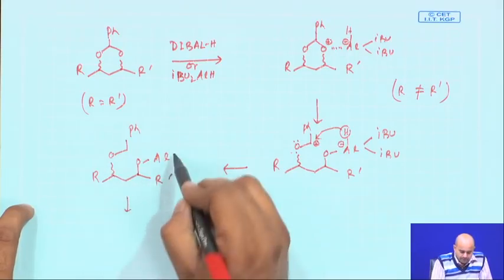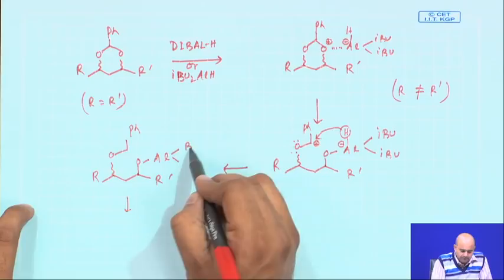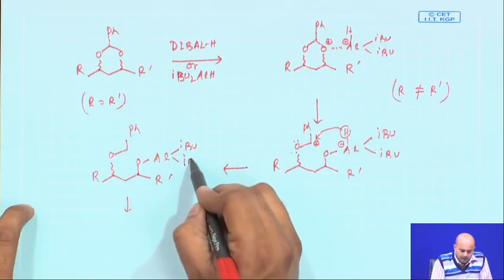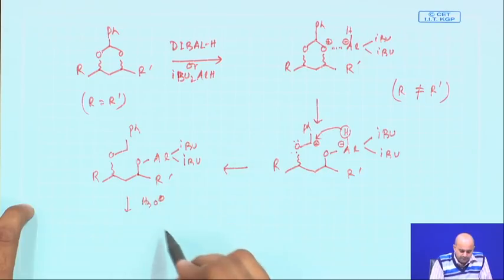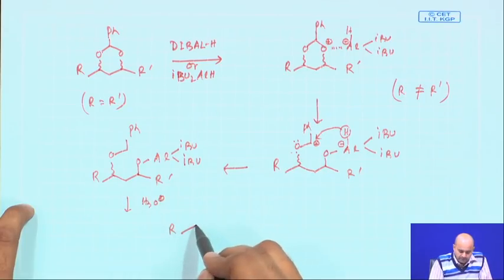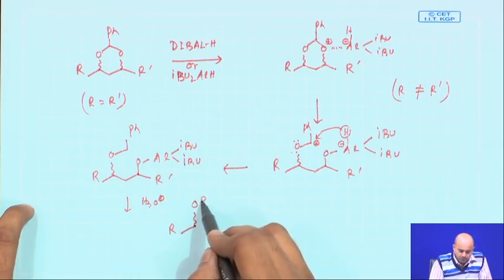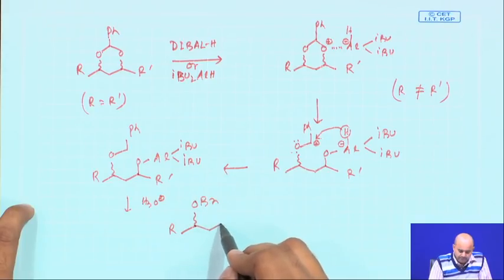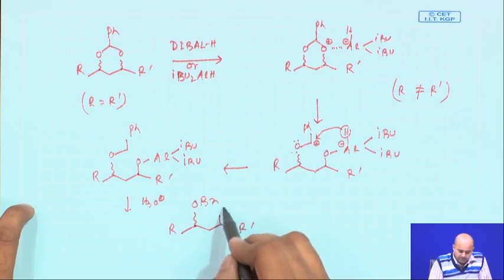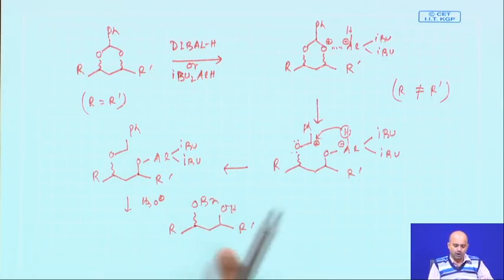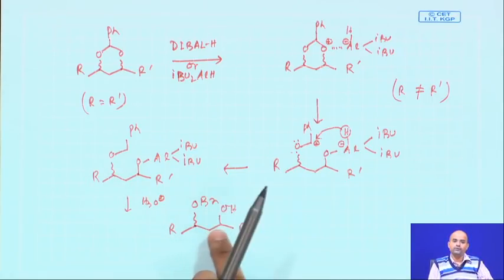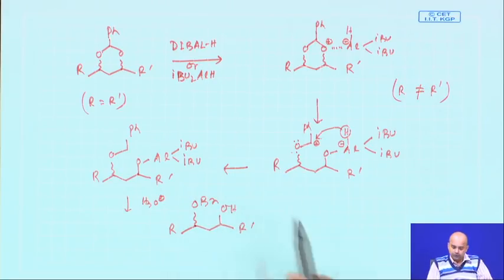And now just simply clip this aluminum oxygen bond by some hydrolysis, and then you will end up with OBn. Now, this is basically a simple monoprotection of a 1,3-diol, but without using a base and sodium hydride.